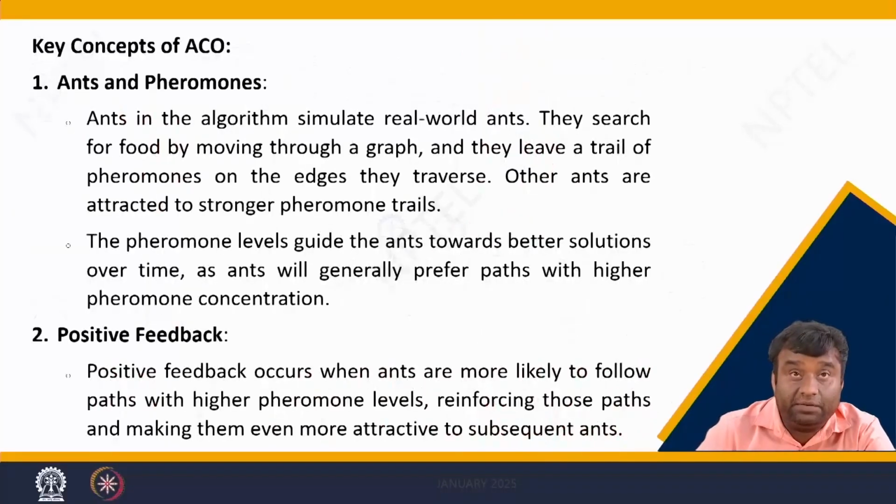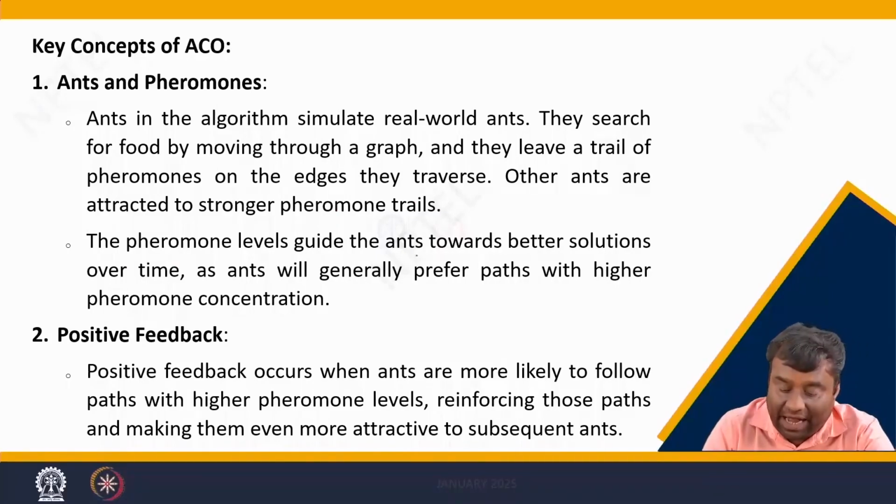Now let us check the key concepts of ant colony optimization. First one, ants and pheromones. Ants in the algorithm simulate real world ants. They search for food by moving through a graph and they leave a trail of pheromones on the edges they traverse. Other ants are attracted to stronger pheromone trails.